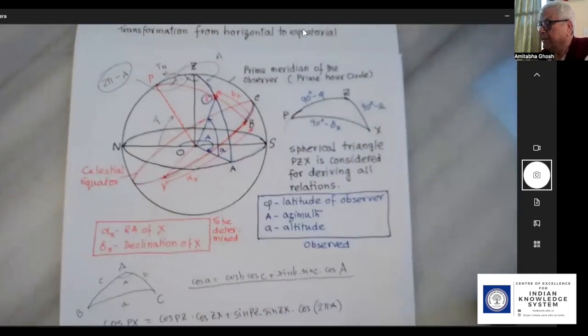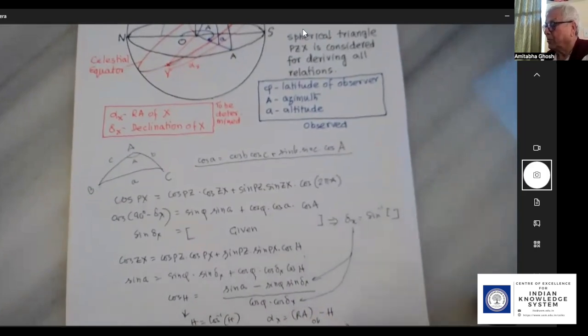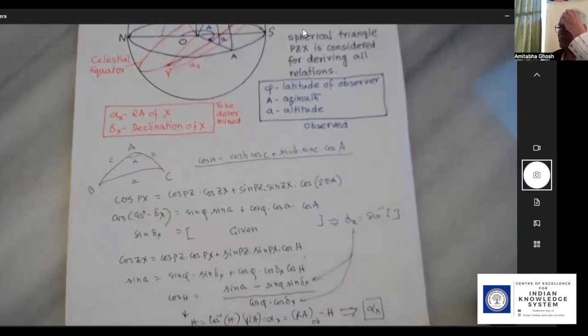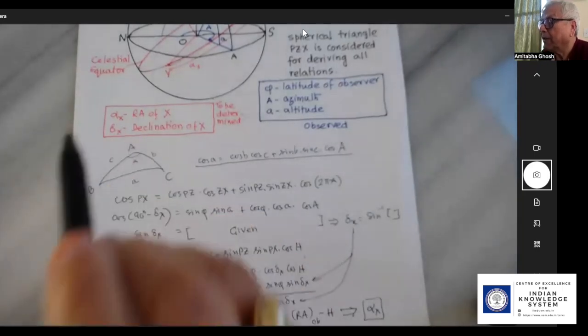So alpha x is nothing but the right ascension of the observer minus hour angle. So this gives you the right ascension of the x. So therefore, we have found out alpha x and we have found out delta x.